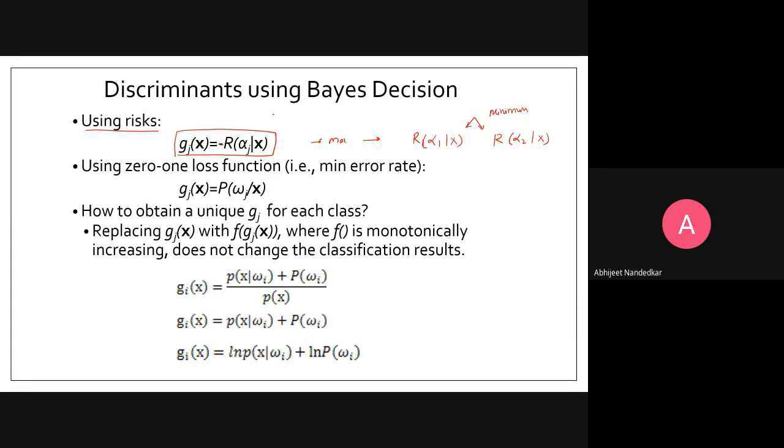And if I am choosing for maximum in my G1, G2, G3, then I just multiply by minus 1. So you can see a negative here, which makes the values negative, then I can choose max instead of min. That is what this negative sign is indicating. Now we can proceed further.